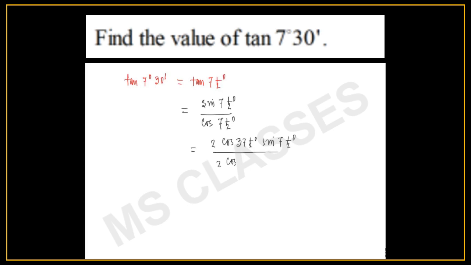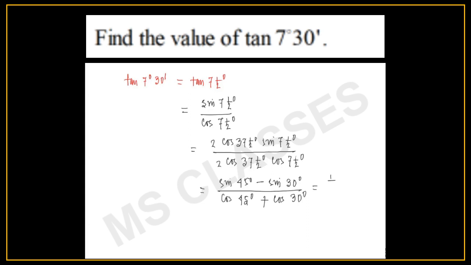which, when multiplied with numerator and denominator, will help us by giving either the sum of the angles or the difference of the angles. Like in this case, 2 cos A sin B is sin(A plus B) minus sin(A minus B), whole divided by 2 cos A cos B, that is cos(A plus B) plus cos(A minus B).